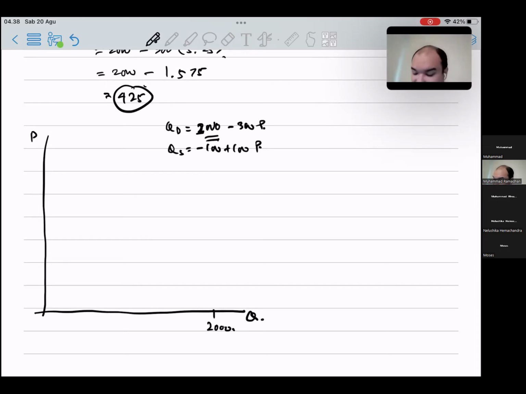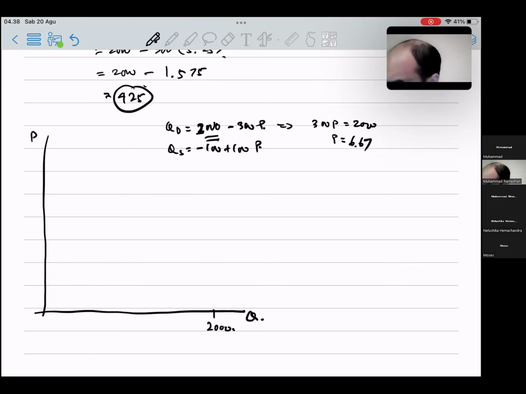And if Q is 0, then 300P equals 2000, so P is 6.6667, something like this.